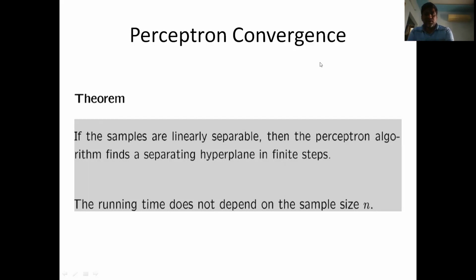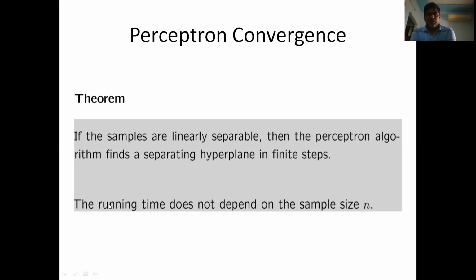If the samples are linearly separable, then the perceptron algorithm finds a separating hyperplane in finite steps, as we saw in our examples. So please watch that first video of Unit 3 to understand how the perceptron converges with the help of the perceptron learning algorithm. The rule is, if the input patterns are linearly separable, then only we can solve it in finite steps.